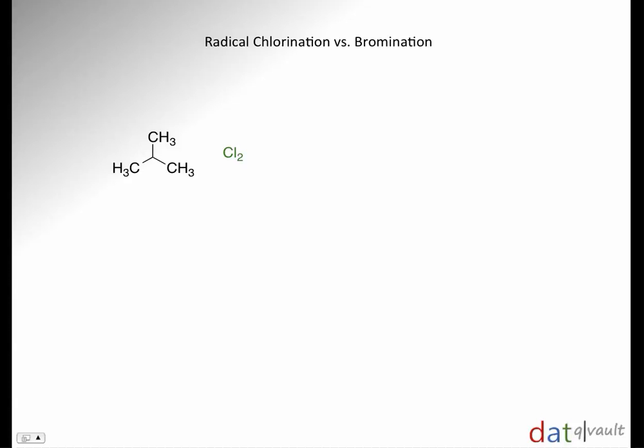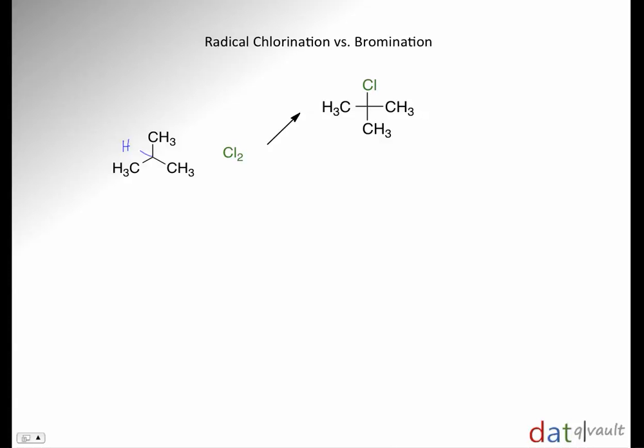Alright, so there are a few differences between radical chlorination and radical bromination, and we'll cover those right now. So let's take this molecule right here where we have 9 primary hydrogens and we have 1 tertiary hydrogen, which is right here. So if we react this with chlorine with some UV light, we can get 1 of 2 products.